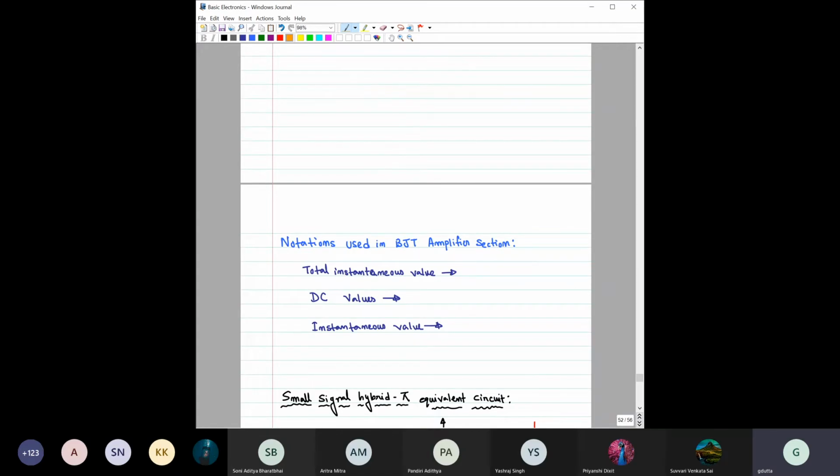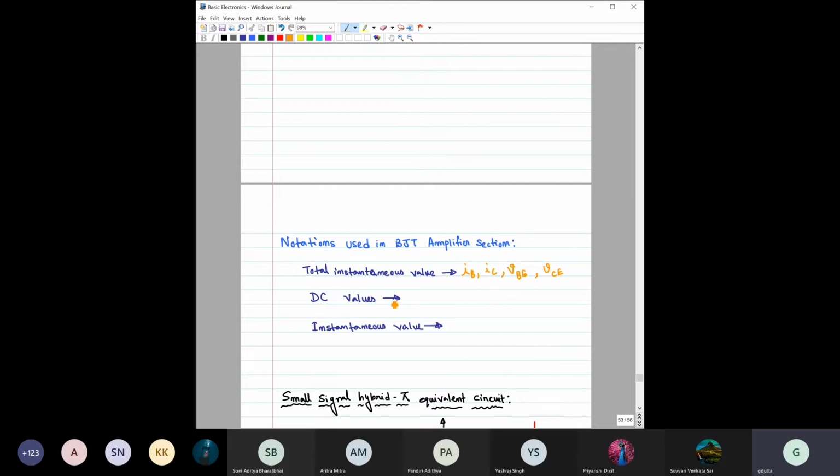Now, before we start our discussion, let us go to the next page and discuss the notation. During this part we will use some different notations, and we have to remember them so that we avoid any confusion. Total instantaneous value: you remember earlier we were writing IB, capital IC, V of BE with small v, capital V of B, V of C. All these are total instantaneous values, which means they include both DC as well as AC.